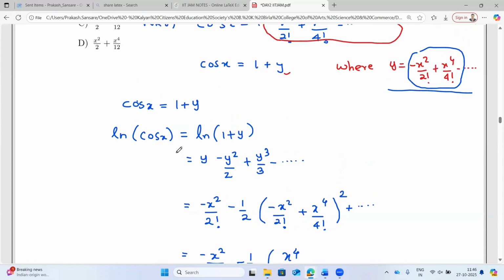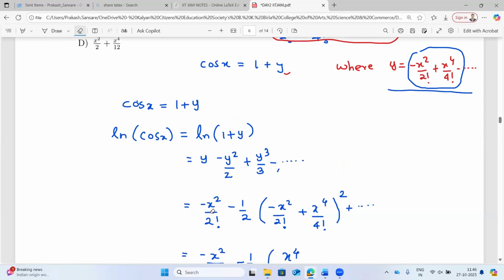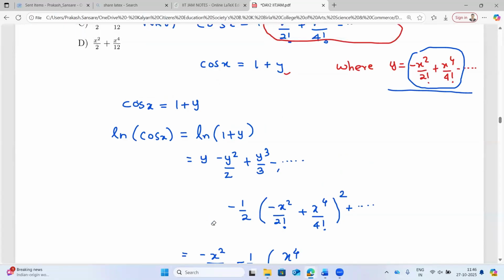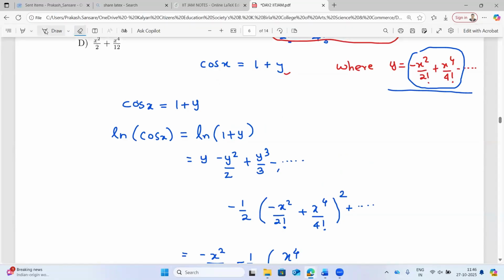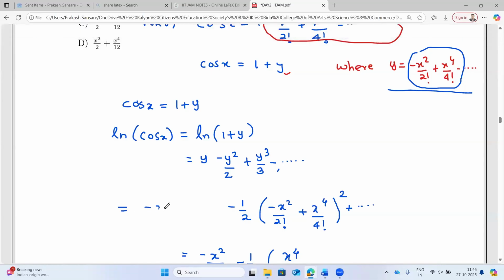What term have I written here? y is minus x squared by 2 factorial plus x raised to 4 upon 4 factorial, which I did not write. So this y I have written here. Then minus 1 by 2, y squared is this.